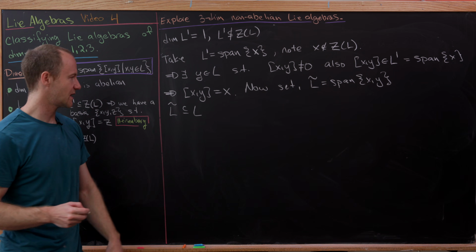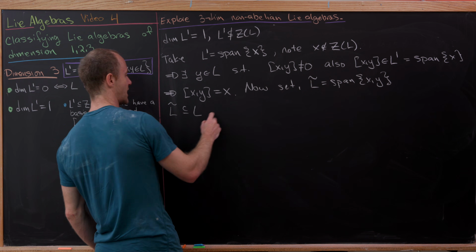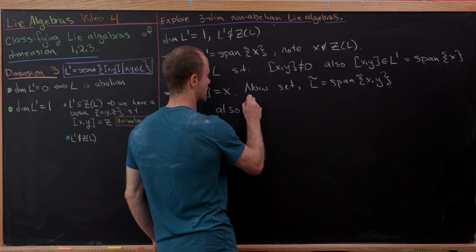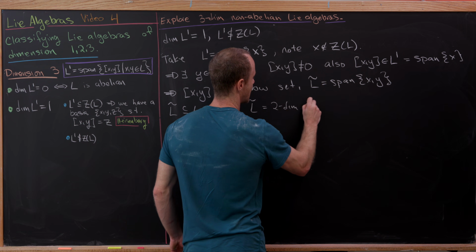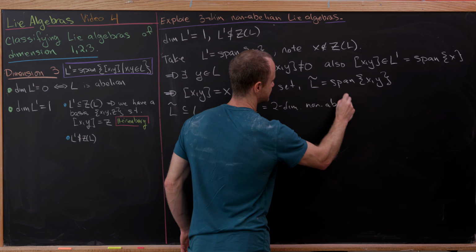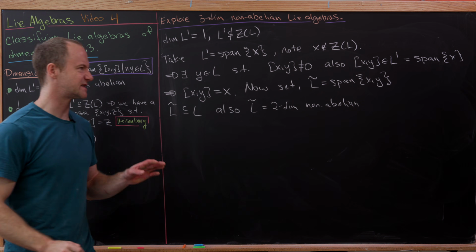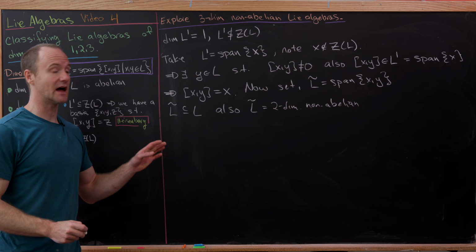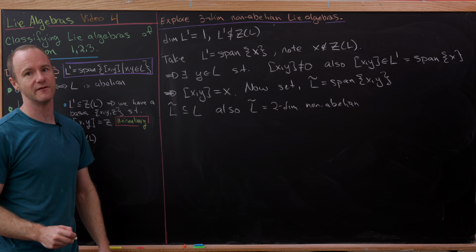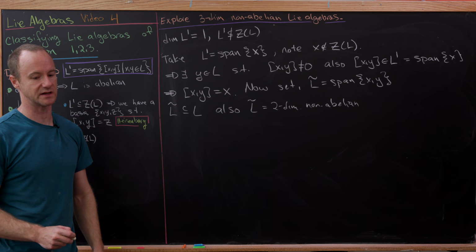So that means it's a subalgebra. So there we've got a subalgebra. Also, we know that L tilde is two-dimensional and non-abelian. But recall that there was a single two-dimensional non-abelian Lie algebra. So that means that L tilde is a copy of this two-dimensional non-abelian Lie algebra.